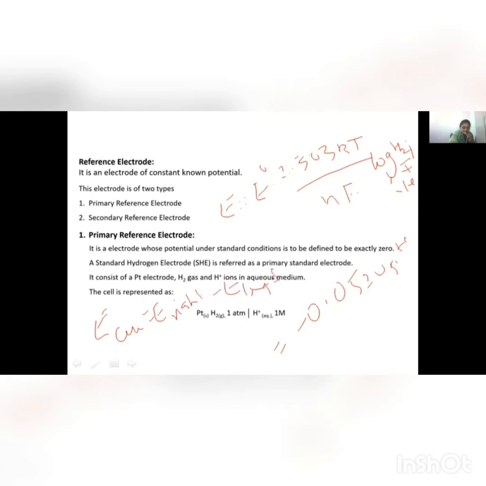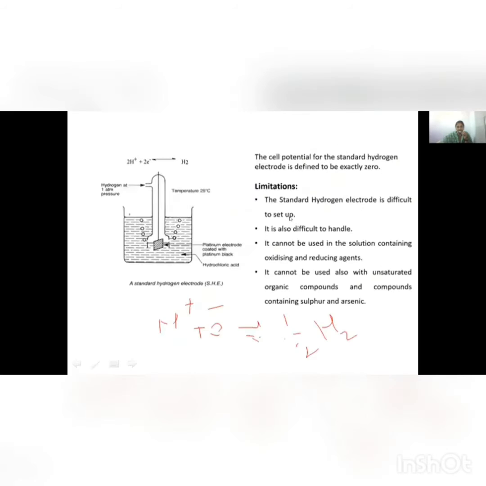The value of E right electrode is 0, and the E left value is 0.0592 pH. Finally, we get E cell is equal to 0.0592 pH. So this is the formula of the standard hydrogen electrode.